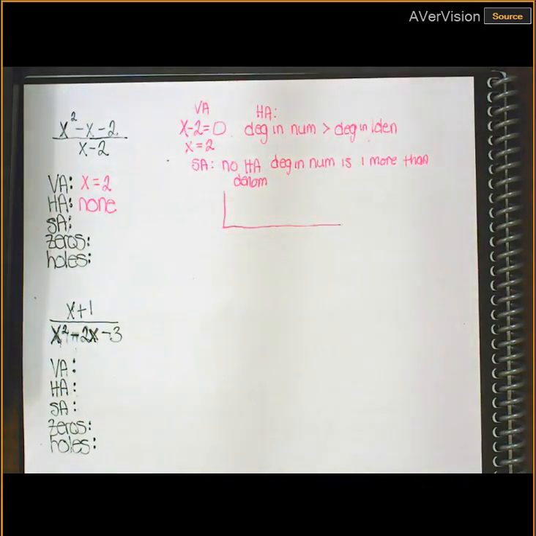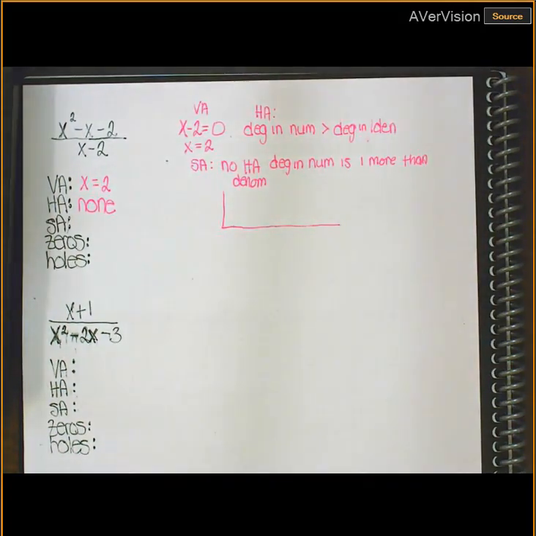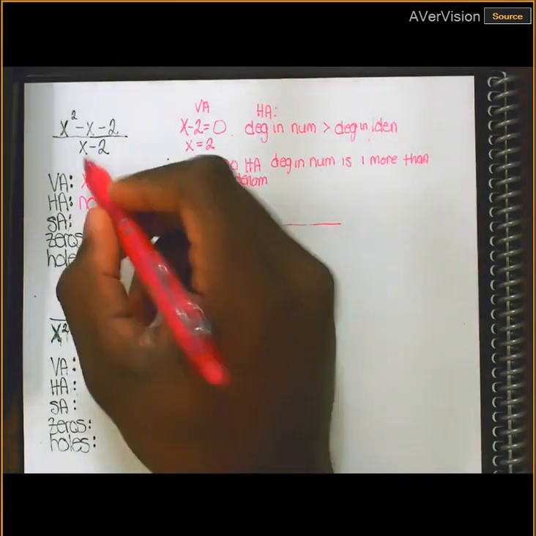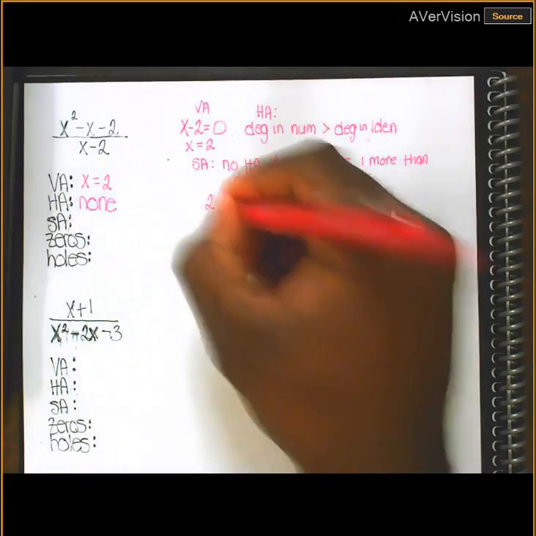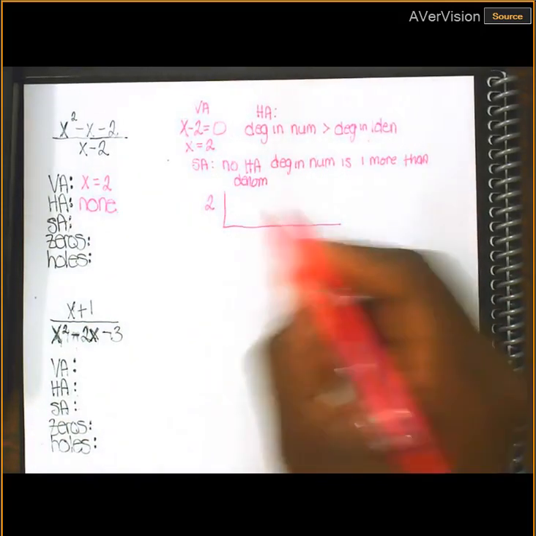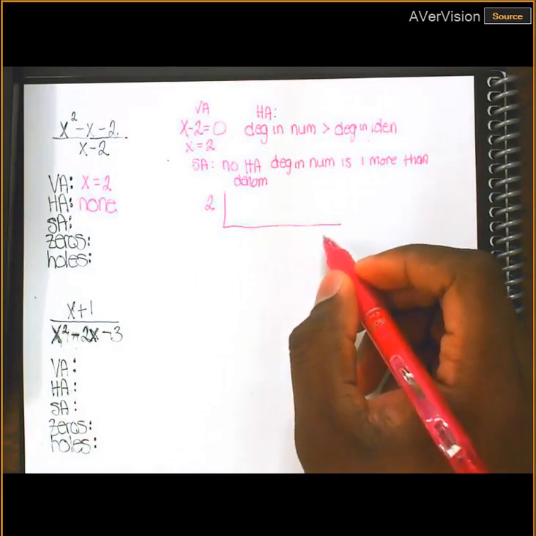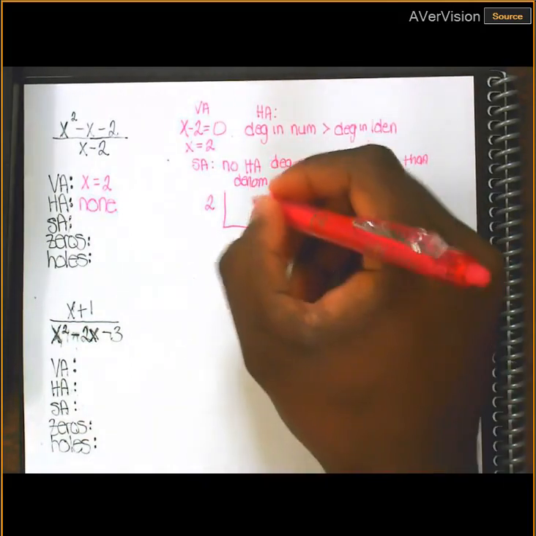We have our little box. What goes on the outside? Yeah. So we solve for x, we get x equal to 2, and that's what goes out here. What goes on the inside? 1.